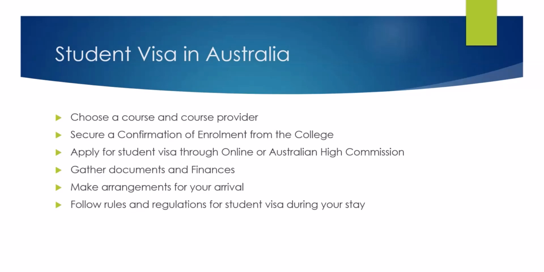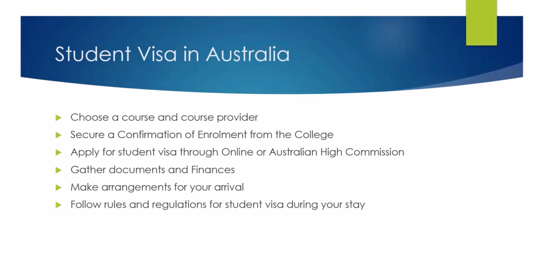All right, let's discuss the student visa in Australia. First of all, to start with, you have to choose a course and a course provider. You can visit different websites which can provide you the information on the courses provided by the various universities across Australia. Moreover, you can get in touch with your local migration consultant who can provide you with this direction, or just use Google.